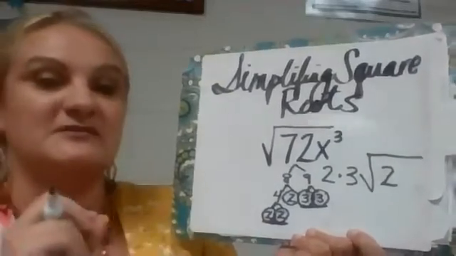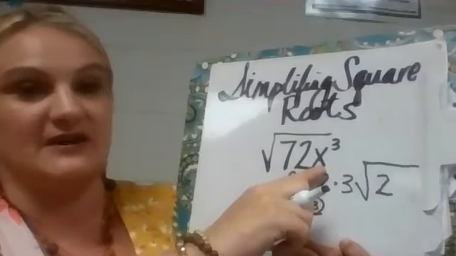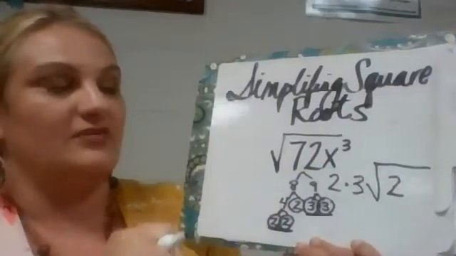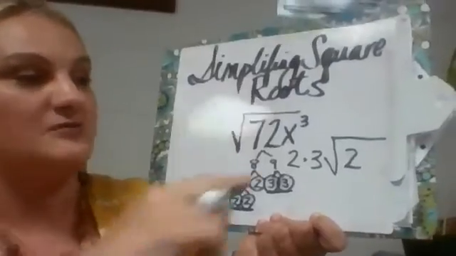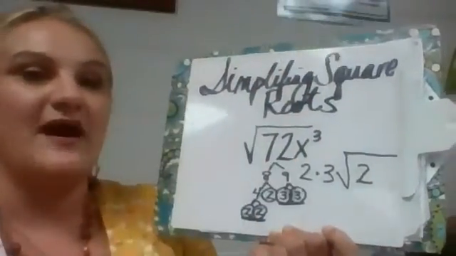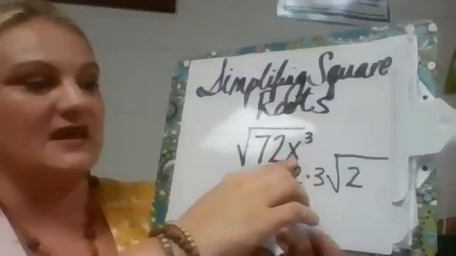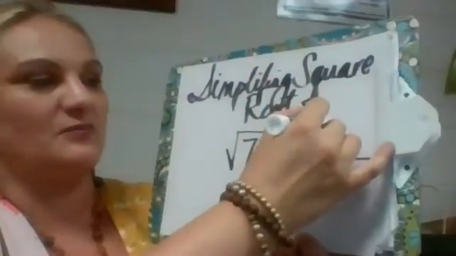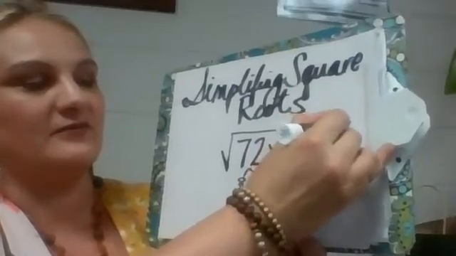Okay, this problem is slightly different because we do have a variable inside the radicand. The easiest way to figure out what you do with this variable is to write out how many of this variable you have. It says x to the third power, so I'm going to write out how many x's I have.